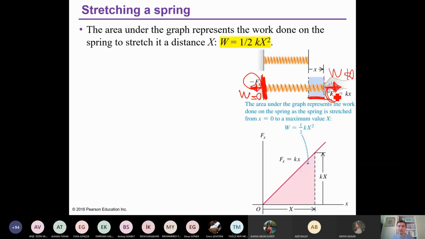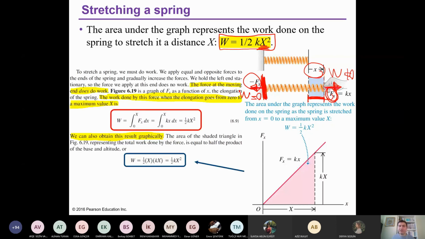This work is given by this expression. Work is equal to 1/2 k times x squared. This x is the total displacement, okay? From initial position to final position. Now let me show you here.